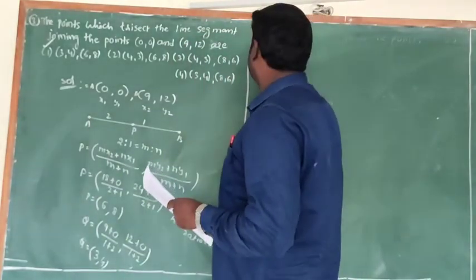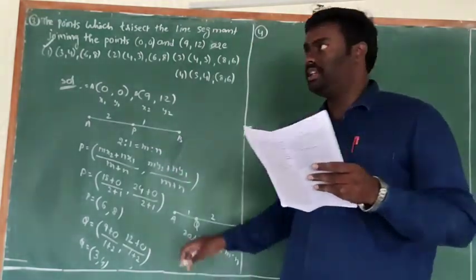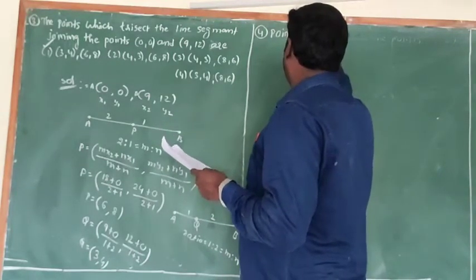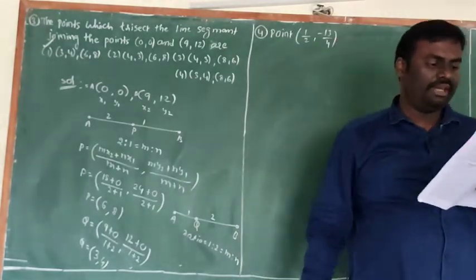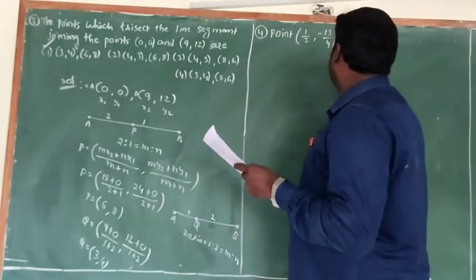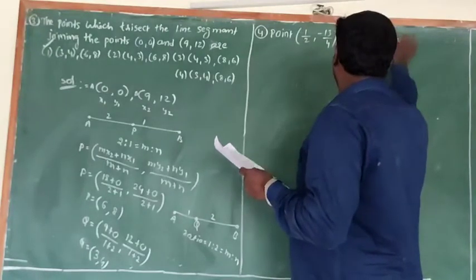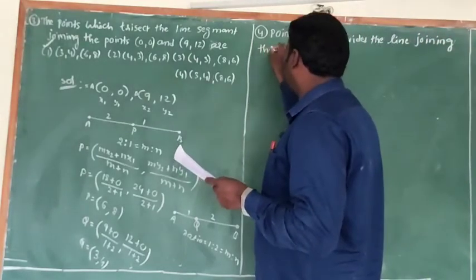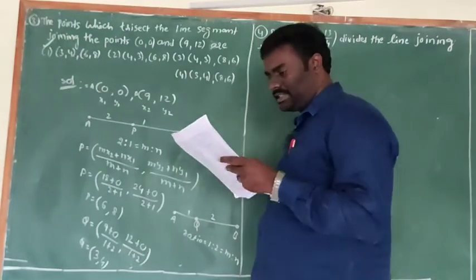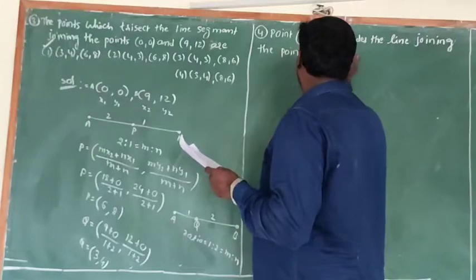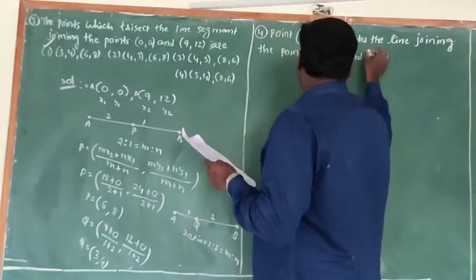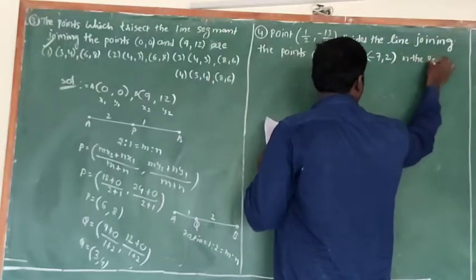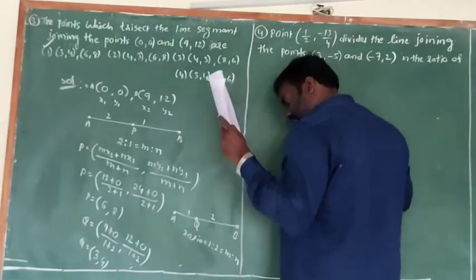Okay. Next, fourth question. The point 1 by 2, minus 13 by 4 divides the line joining the points 3, minus 5 and minus 7, 2 in the ratio of, we need to find the ratio.